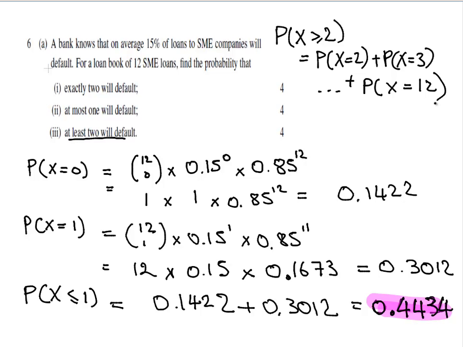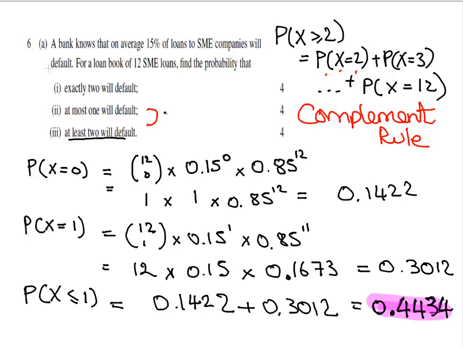Too much work. What we can use here is the complement rule. What is the complement of the probability of x greater than or equal to 2? What's the opposite of that? What outcomes are not listed here?